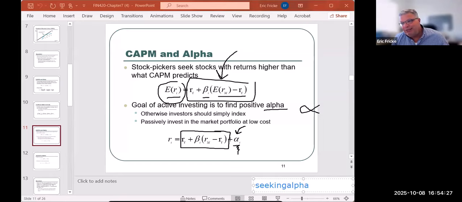I'm sure you could probably go to Reddit now, but Seeking Alpha was around before Reddit. It was around before ChatGPT too. The name Seeking Alpha comes from this. You're looking for positive alpha, not negative alpha. Negative alpha means you're doing worse than what the CAPM model predicts.